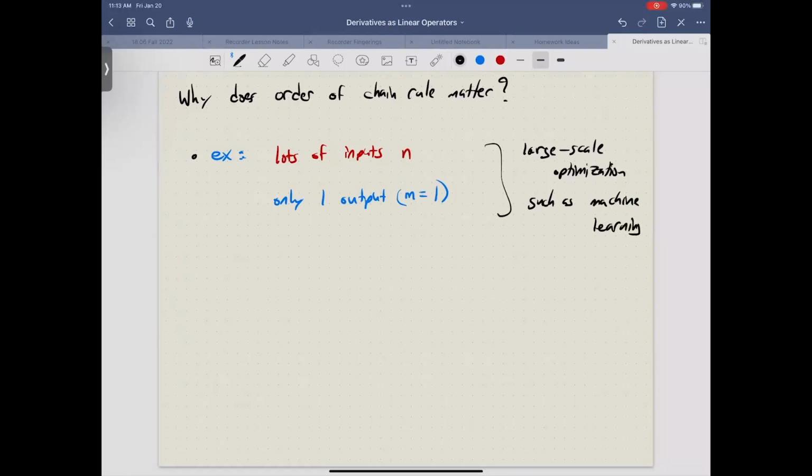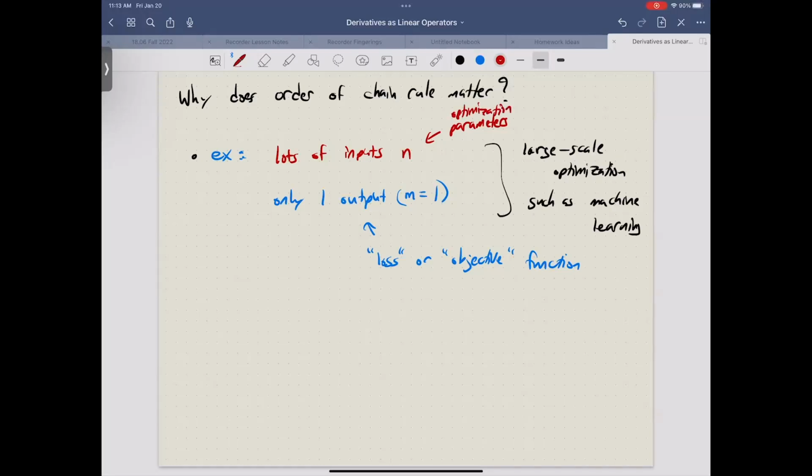In that case, the output is called the loss function or the objective function, and these are the optimization parameters.